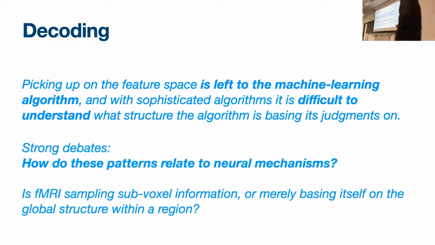Yeah? And on top of that, there have always been, really from the get-go, from 2004, when these types of things started being applied to fMRI, strong debates as to what type of pattern we are picking up. So when people started doing this, they said, okay, we think that fMRI is sampling subvoxel information. So if there are 9 neurons in a voxel that do the color red, and there are 12 that do the color green, then we're going to get this slight offset in activation for red and green.